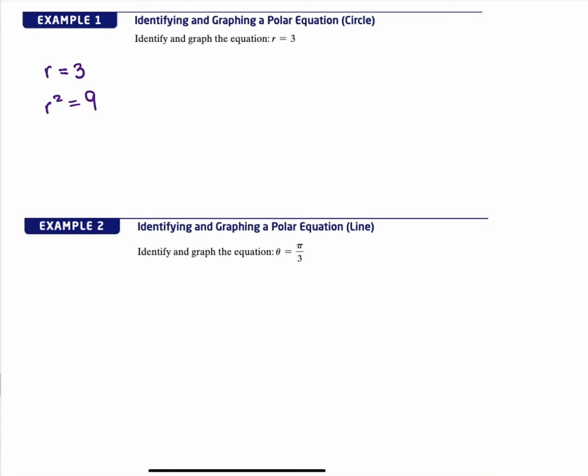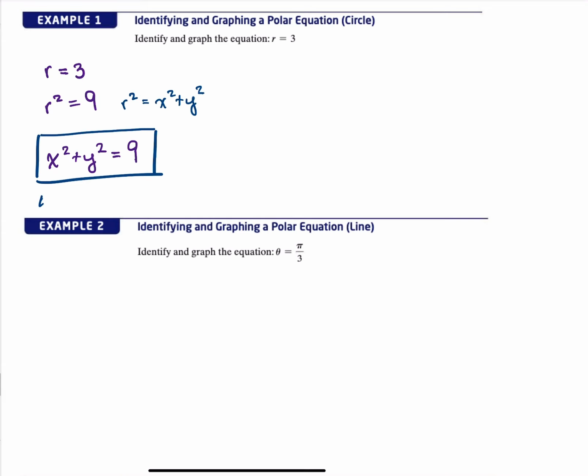And we're doing that because we can replace r squared with x squared plus y squared. So this would convert to x squared plus y squared equals 9, which you might recognize as a circle centered at the origin with a radius of 3.